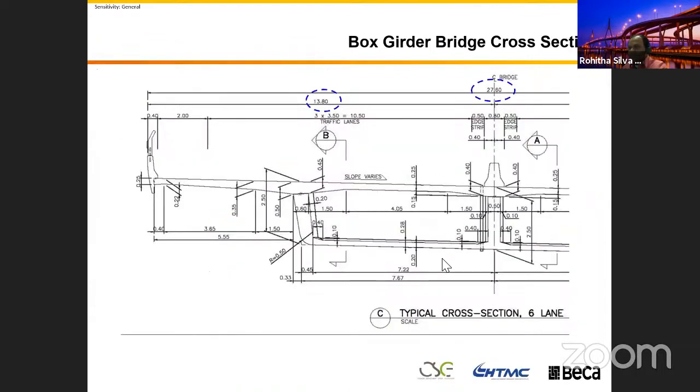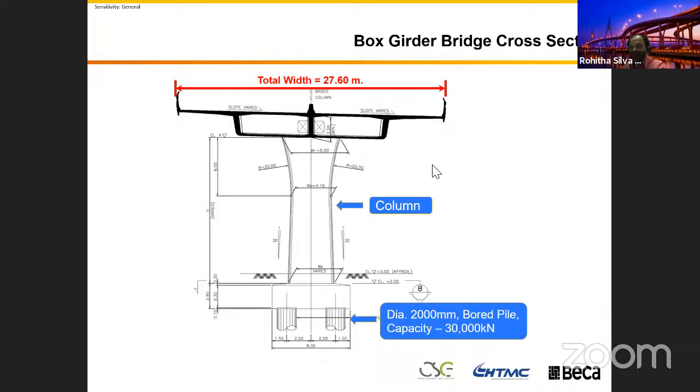And this bridge, 48.5 meters, 27.6 meters, but it's designed with a single column with the footing and a single row of piles. Single row of piles.